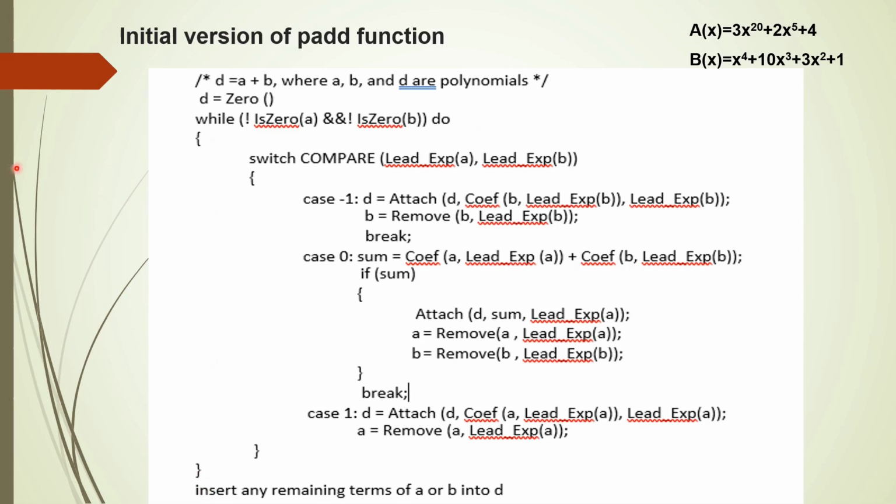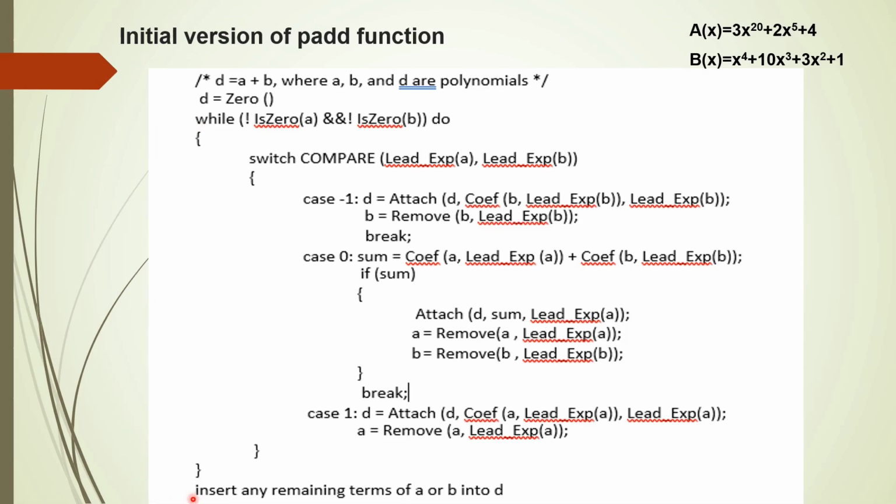That means if any one polynomial's terms become 0, in this example both polynomials' terms become 0, but there are some situations where one polynomial's terms can be 0 and you still have some more terms in the other polynomial. If that is the case, then also it will come out of the while loop.